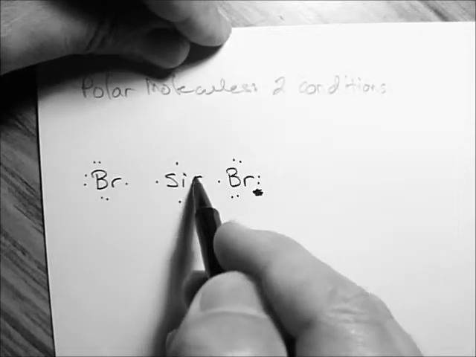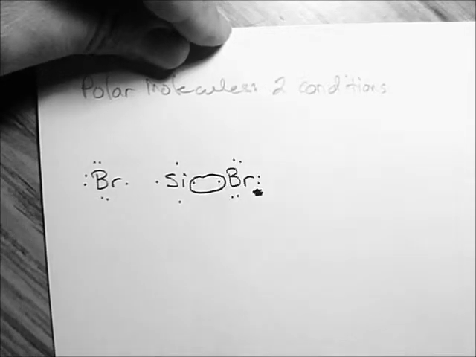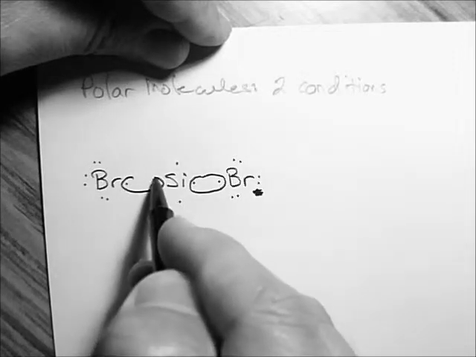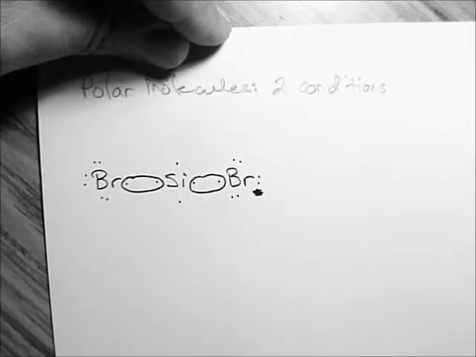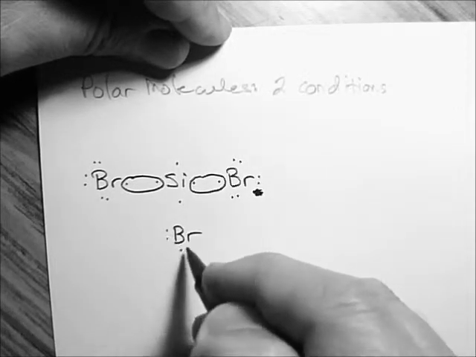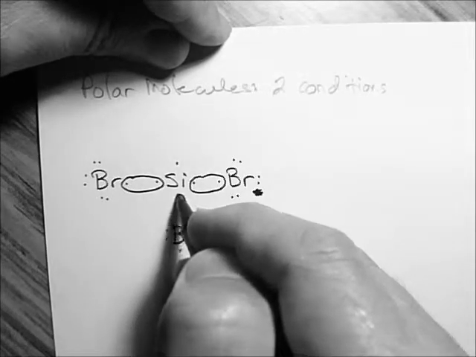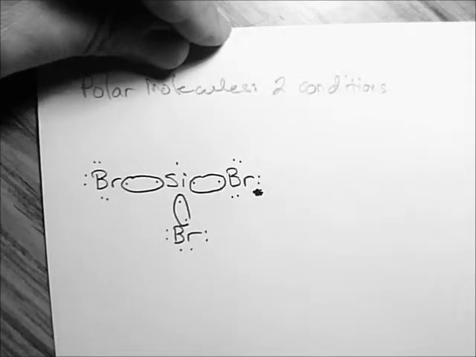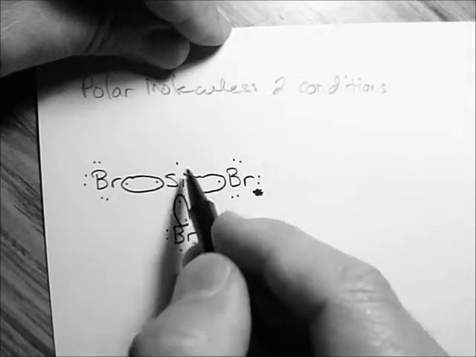Or you could group them first and say, well, now that bromine has 6 electrons. But this silicon has 5. It needs 3 more. So I need another bromine. Now the silicon has 6. The bromine has 8. The silicon needs 2 more. Bromine with 7 electrons. Now if I share these two, that bromine has 8. It's done. But the silicon has 7.